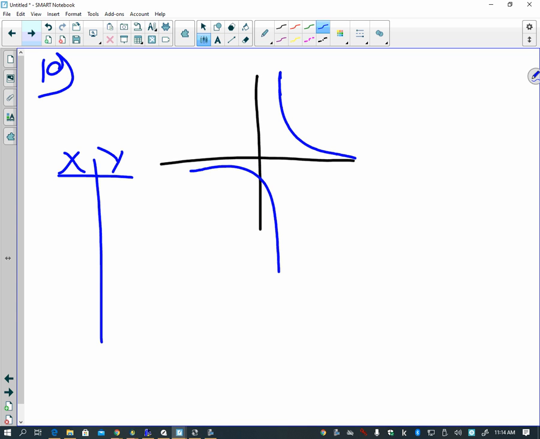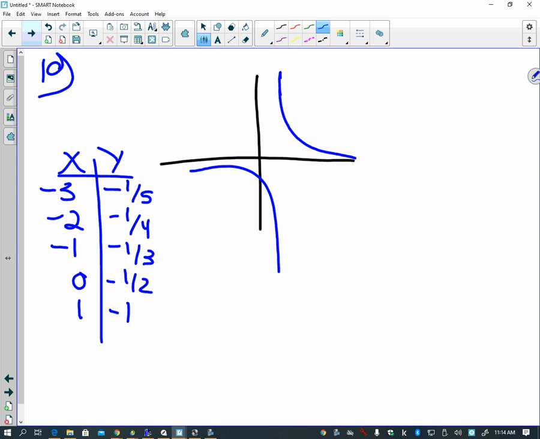Okay, and I should see something like, negative 3, negative 1/5, negative 2, negative 1/4, negative 1, negative 1/3, 0 is negative 1/2, 1 is negative 1, 2 is infinity, or I should say error in your calculator, 3 is 1, 4 is 1/2, something like that.